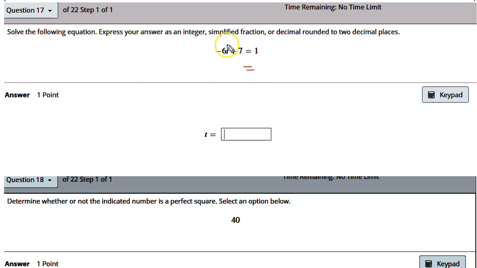Well, what I would do is I'd take my negative 6t over to this side and make it a positive 6t. Take this over to this side, and this becomes a negative 1 and a positive 6. 7 is 6. Then divide both sides by 6, and I get t equals 1.